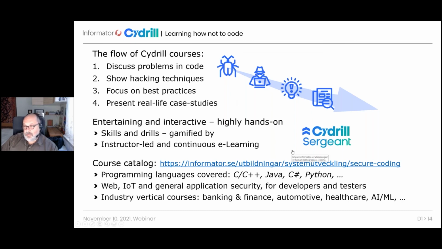So in this, Cydrill Sergeant helps us a lot. You have seen a quick demonstration of what this Cydrill Sergeant is all about. It is a chatbot, and you can find all these courses on Informator's website.